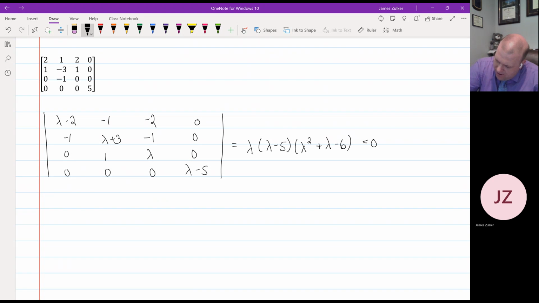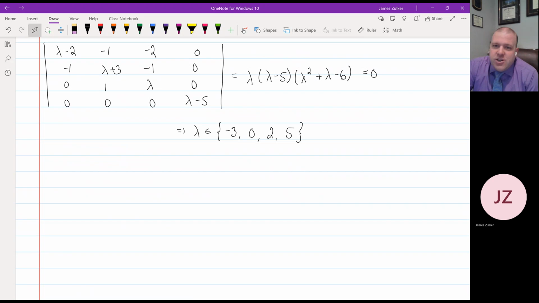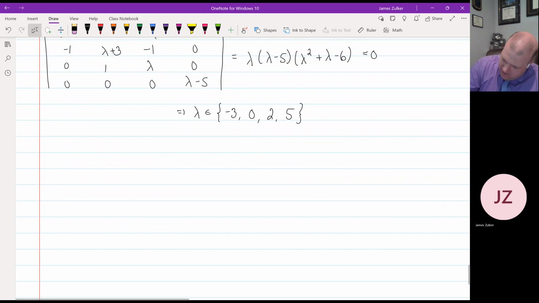Set that equal to 0. And we get lambda is -3, 0, 2, or 5. Diagonalization is guaranteed. Right? We have 4 eigenvalues for a 4x4 matrix. Now we just have to determine the eigenvectors.